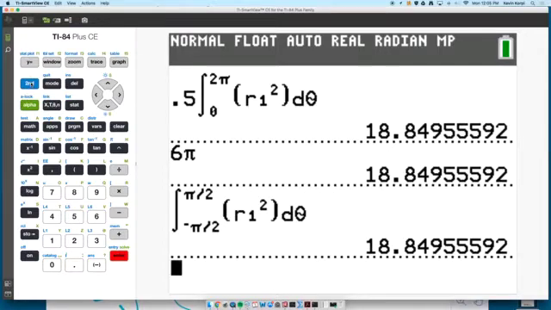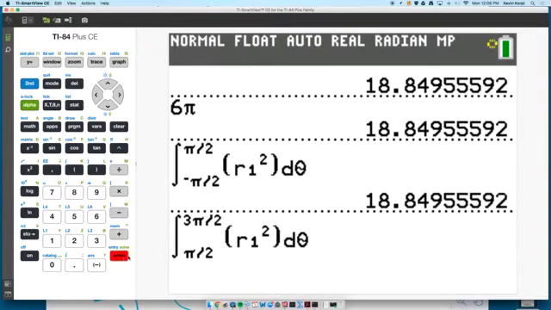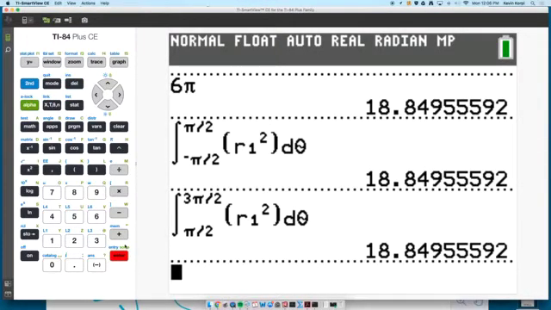And if I double it instead of negative pi halves to pi halves, if I would have gone from pi halves to 3 pi halves, that would be like what I mentioned, finding the left-hand side of it and then doubling it. You get the same thing, see? So there's lots of different equivalent intervals.